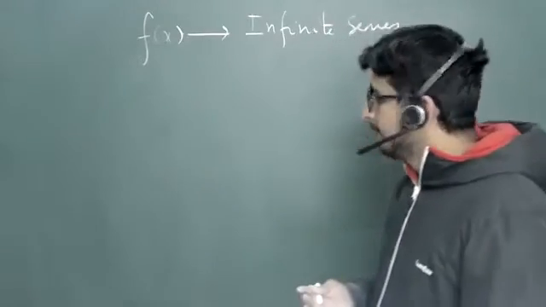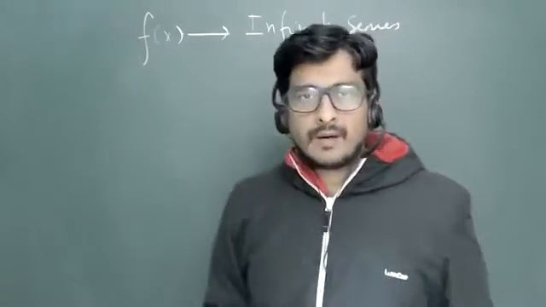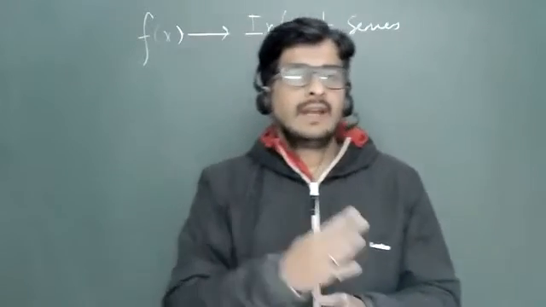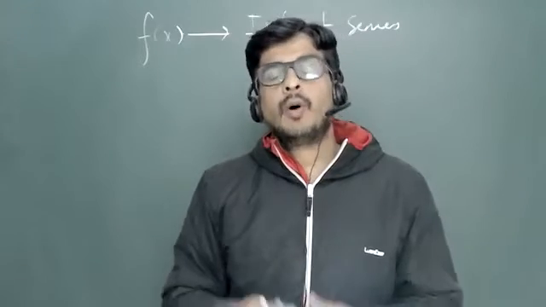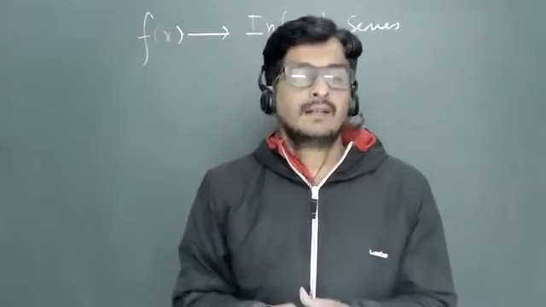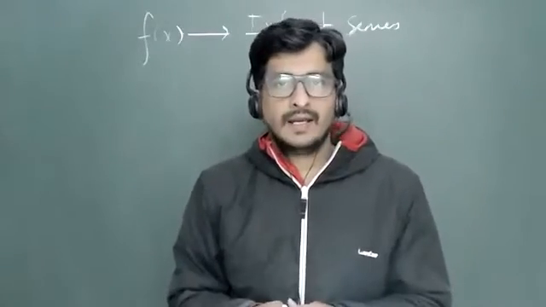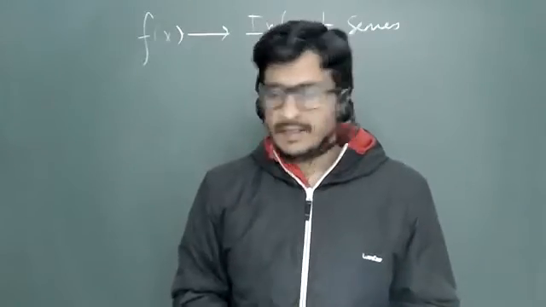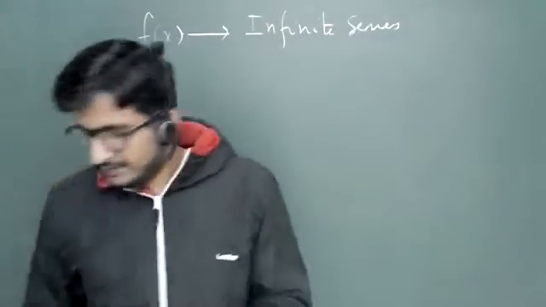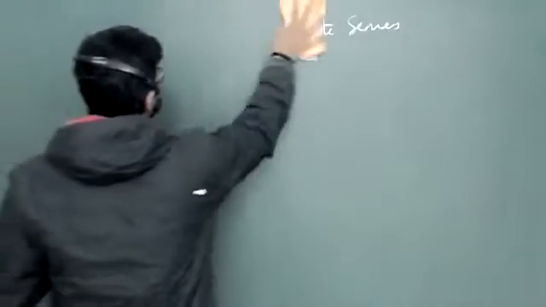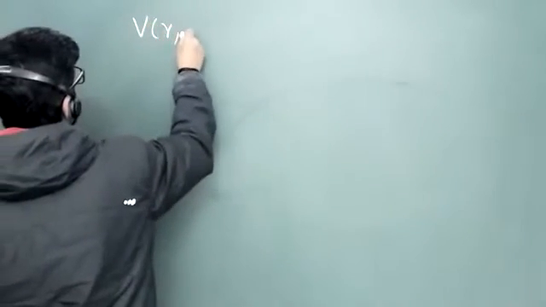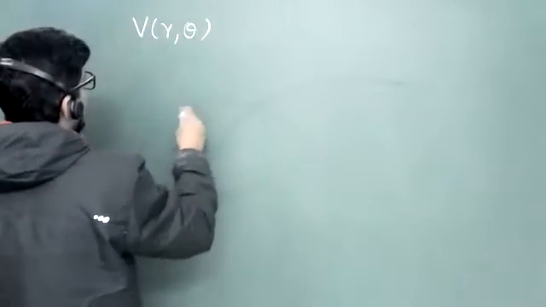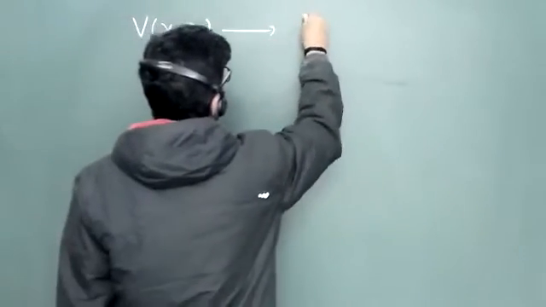So इसी तरह से हम पोटेंशियल को अगर एक इनफाइनाइट सीरीज के फॉर्म में ओपन कर दें तो बहुत सारी जो हिडन इंफॉर्मेशन है वो हमें निकल के आ जाएगी. ठीक है ना? मैं इससे क्या समझाना चाह रहा हूं आपको कि जैसे मान लो मेरे पास पोटेंशियल है V(r, θ), and that potential is for some charge system.